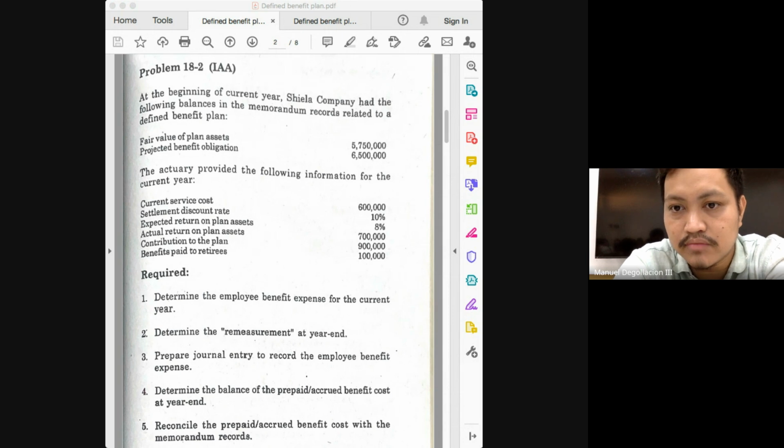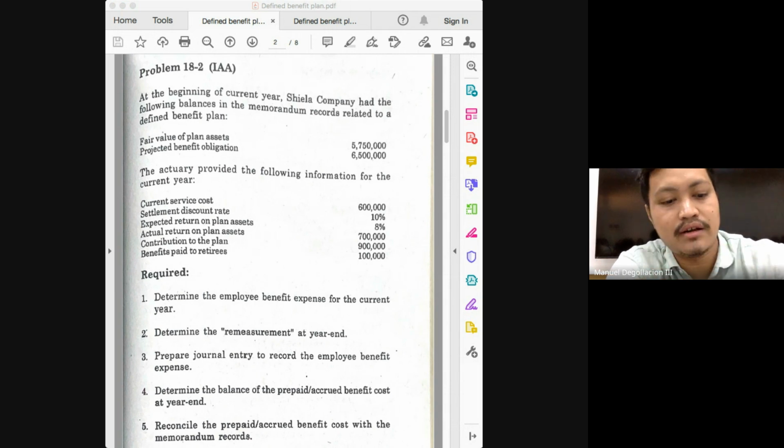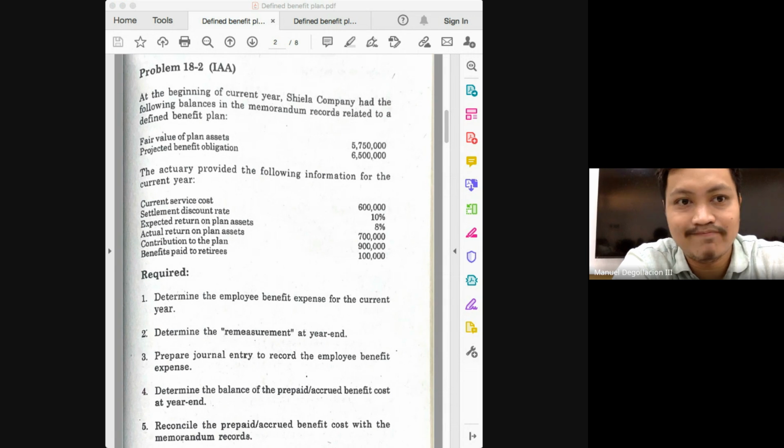The discount rate is 10%. So you multiply 6,500,000 by 10%. How much is 10% of 6,500,000? That would be 650,000.